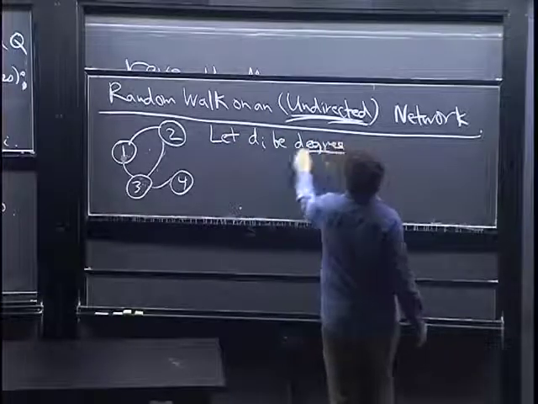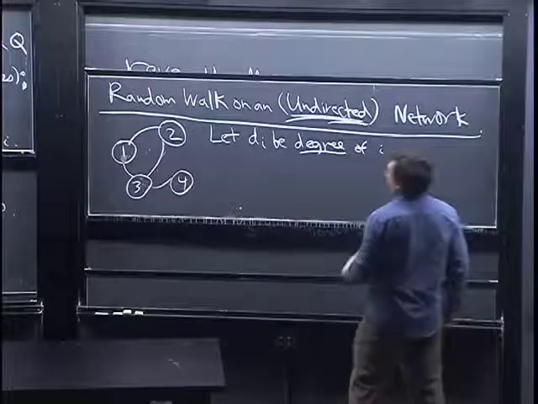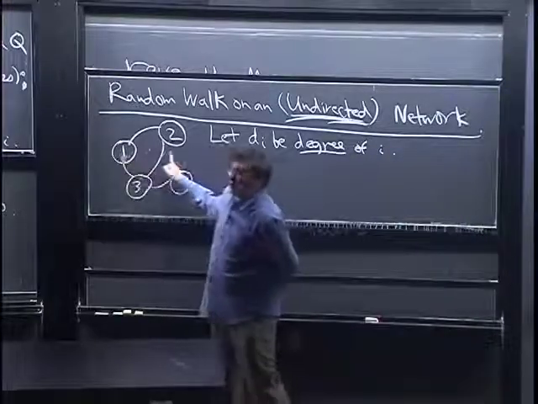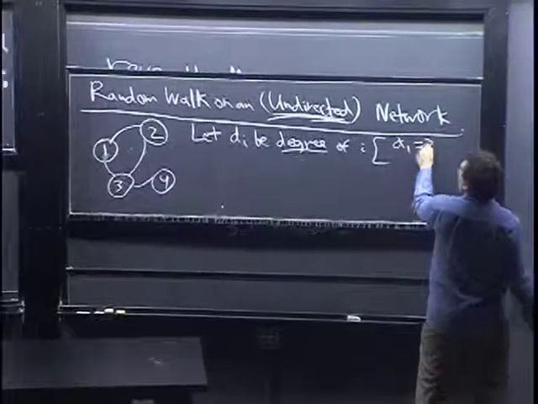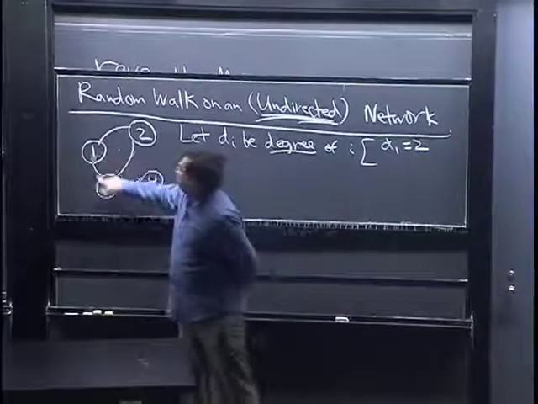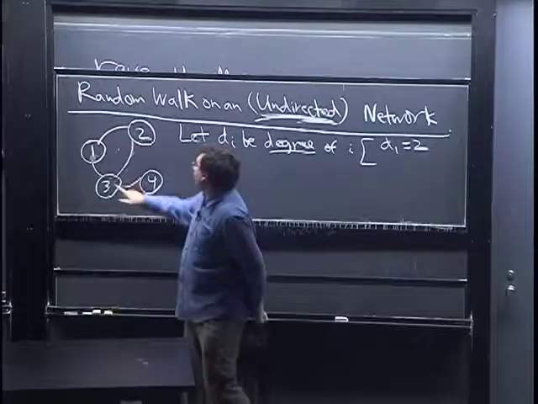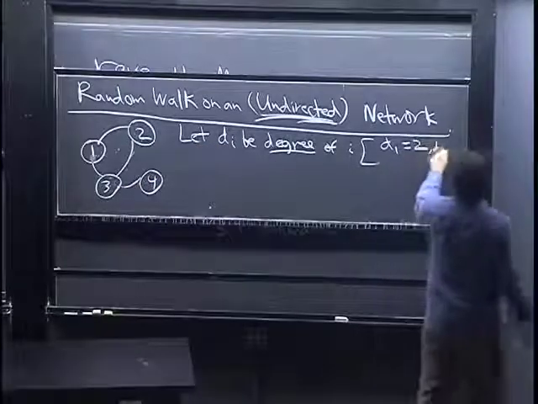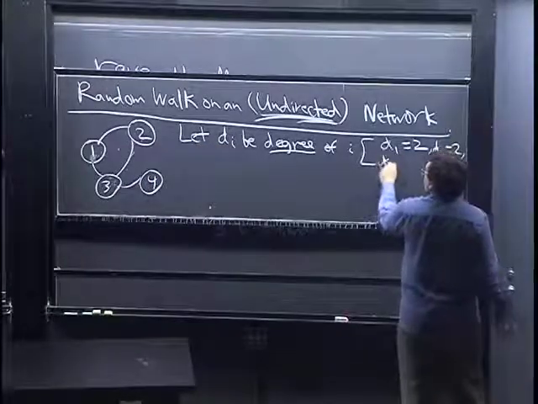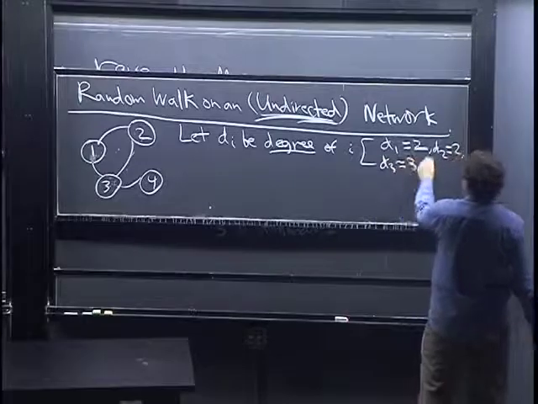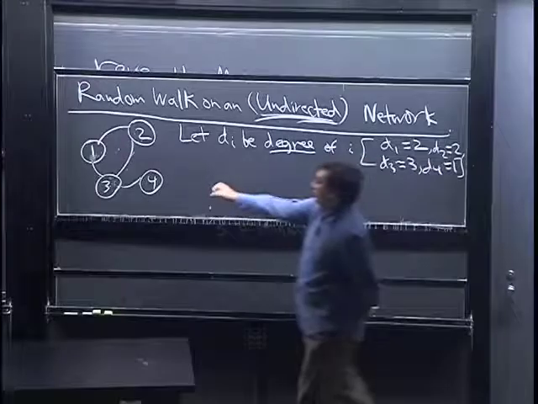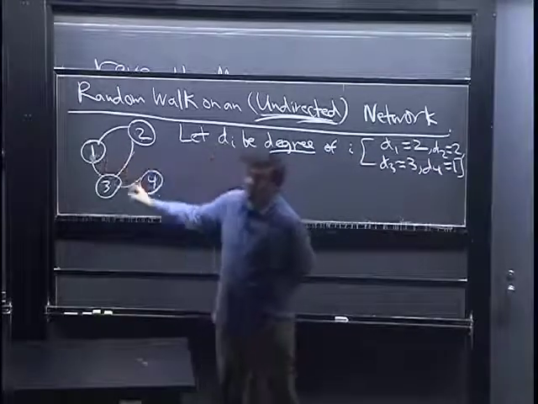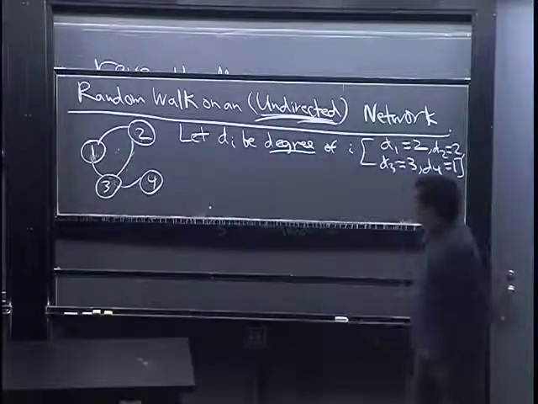Degree just means the number of edges attached there. For this example, d1 equals 2, d2 equals 2, d3 equals 3, and d4 equals 1. Those are just called the degrees, the number of choices of path at each node.